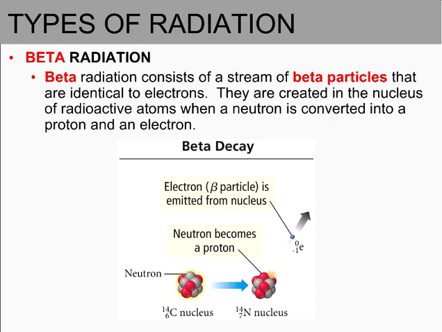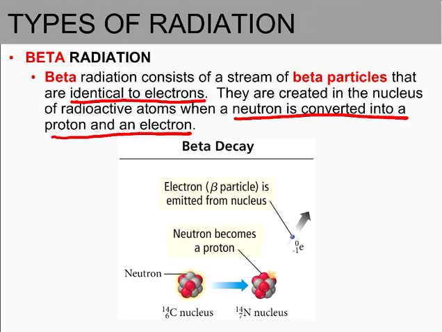Another type of radiation is beta radiation. Beta radiation consists of a stream of beta particles, and they are identical to electrons. They are created in the nucleus of radioactive atoms when a neutron is converted into a proton and an electron. This is really cool that this can happen in a nucleus.